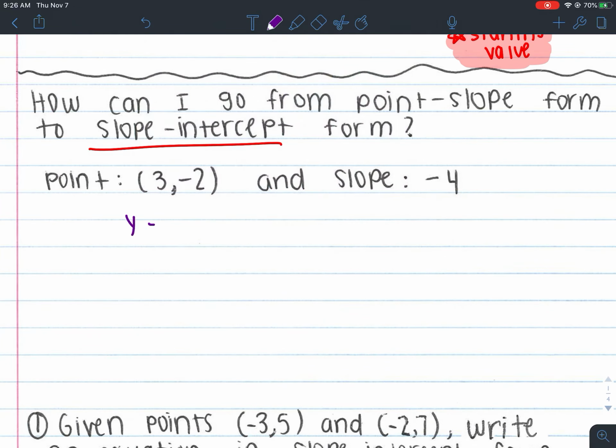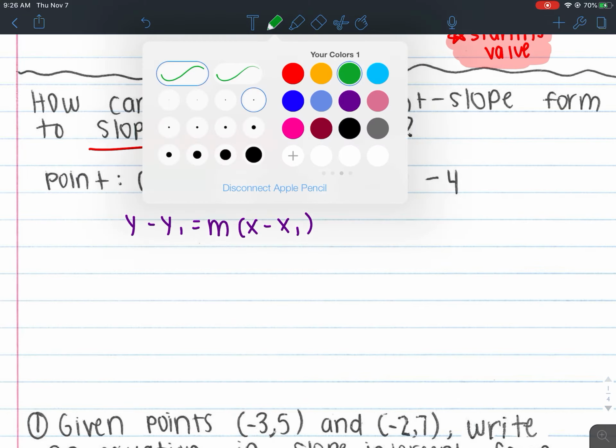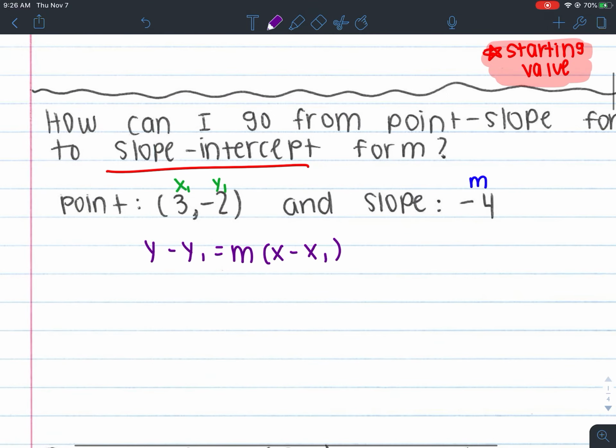So let's write down point slope form here. Let's label our point. Our point here is x1, y1, and our slope over here is -4. Let's plug it into the formula.